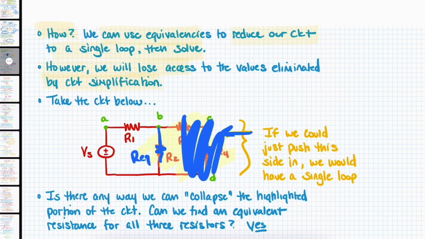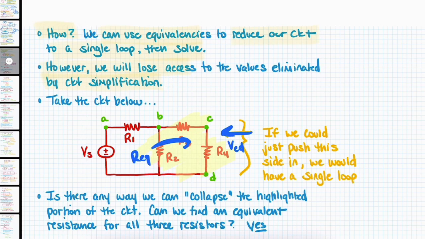At the end, if we want to regain, let's say we really need VCD for some reason, we can use those same rules to push it back out. Now, you might be asking, why bother collapsing it if I can just expand it back out? How is that easier? Because when it's in its collapsed form, it will be really easy to calculate this current right here.